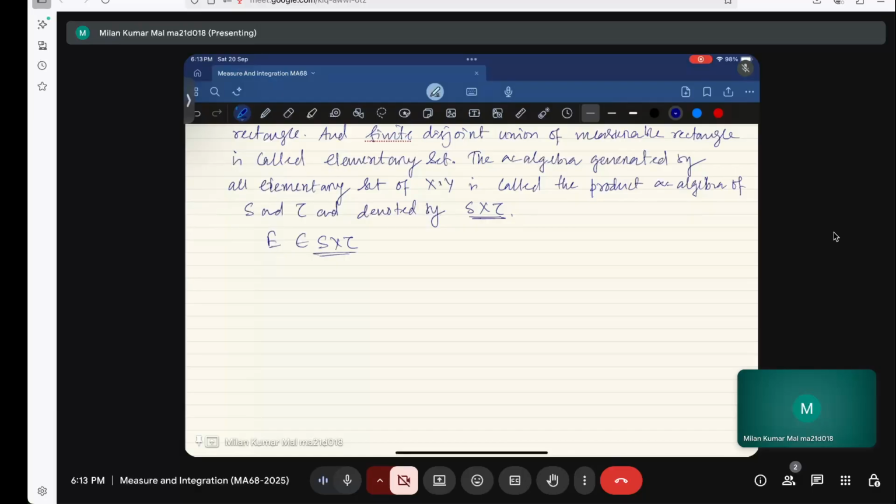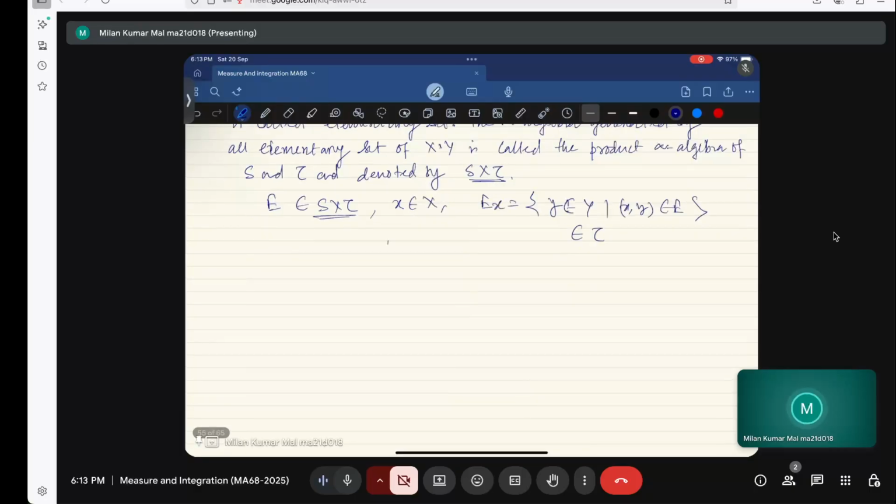There is a lemma already discussed in class, such that for any x belonging to capital X, if we consider Ex equal to all y belonging to capital Y such that (x, y) is in E, then this must be a measurable set, an element in the sigma algebra tau.